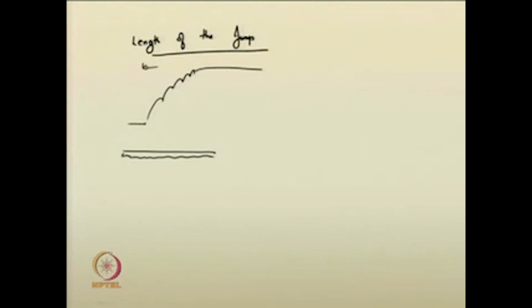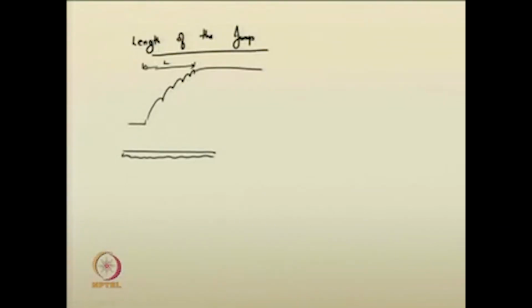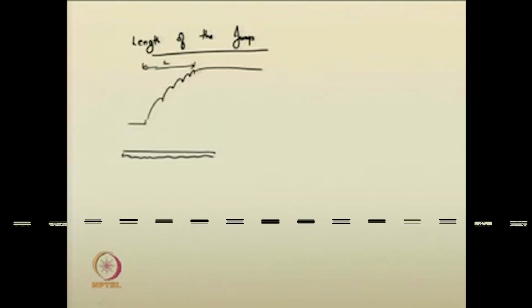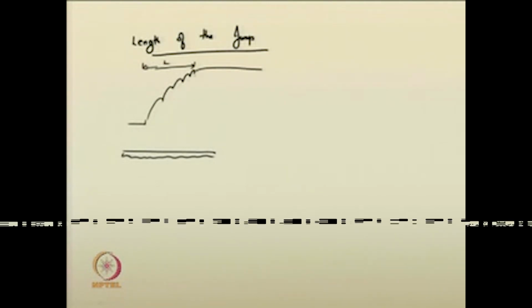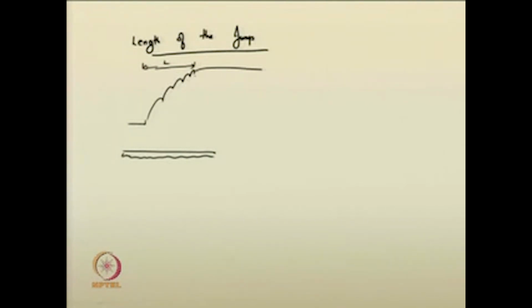See, these are the rollers. When they stop here, up to that location you can consider as the length of the hydraulic jump. The starting of a jump is a fixed phenomenon. There is no ambiguity there, but in the downstream, we can suggest the location where the jump ends.